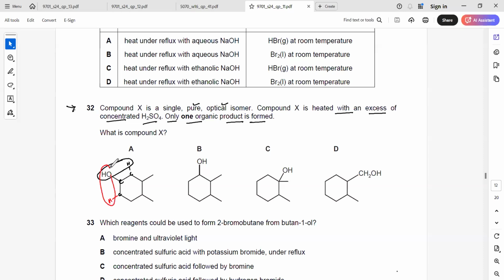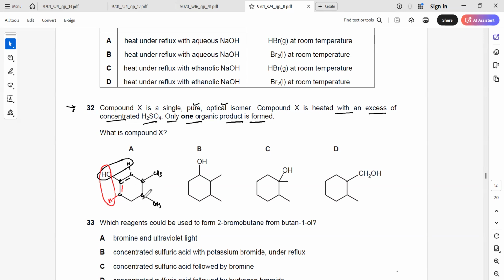So we will get a double bond here, or another possibility, the double bond here. So different positions according to these substituents which are present on this ring.